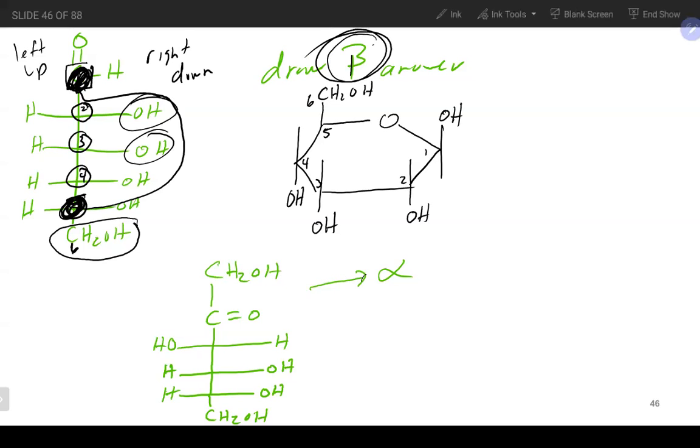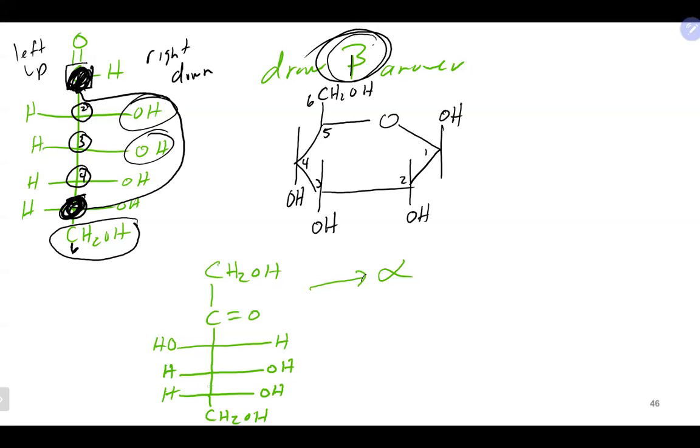All right, so looking at the bottom one here, we'll take the same approach. It's going to be carbon number 1 here, carbon number 2, carbon number 3, carbon number 4, carbon number 5, and carbon number 6. So once again, it is 6 carbons. We're going to take our last chiral carbon, which is this guy. Remember that it is always going to go to the double bonded carbon.